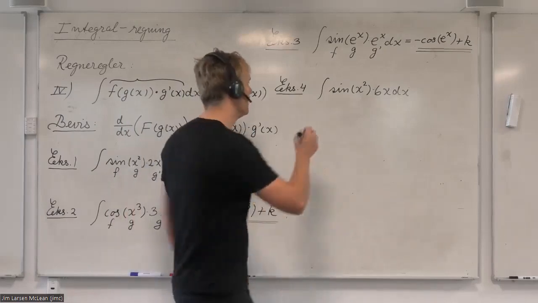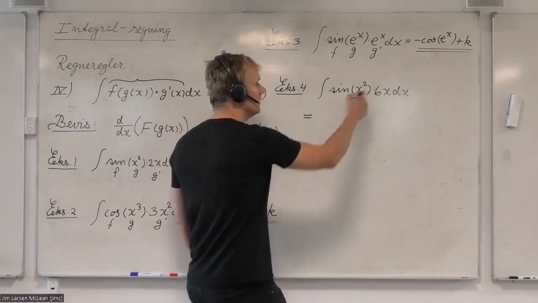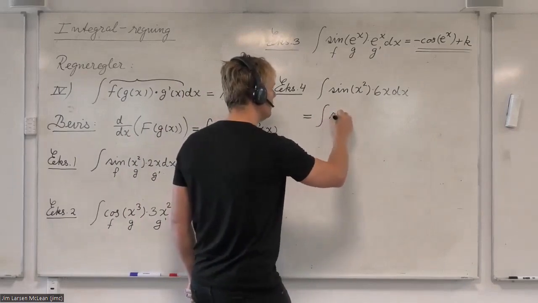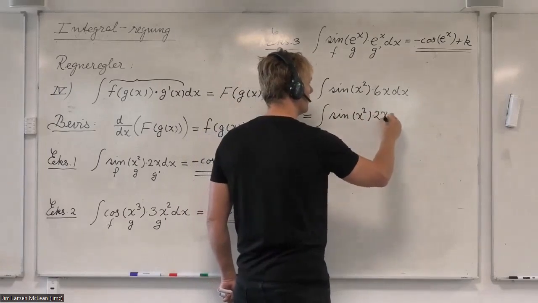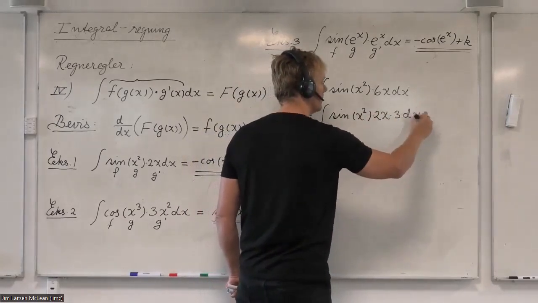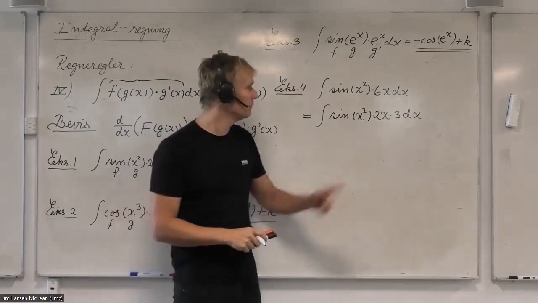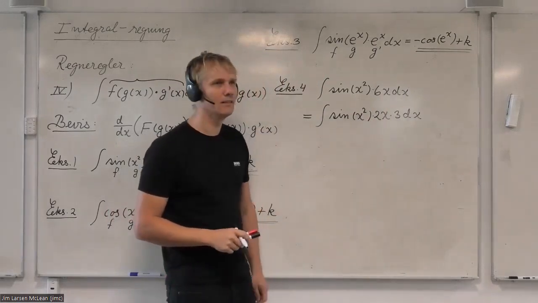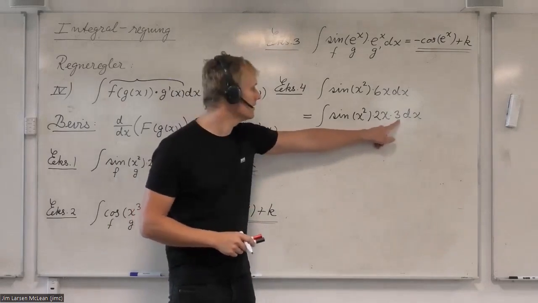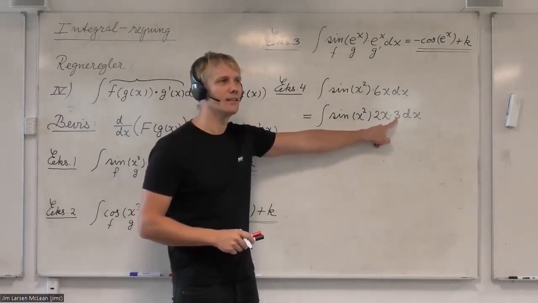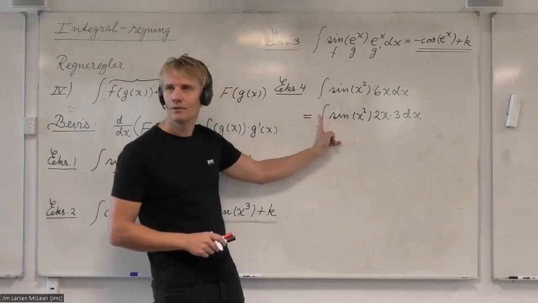Look here. I can actually do a clever rewrite of this. It actually says the integral of sine of x squared times 2x times 3, because 2x times 3 gives 6x. Are there any relatives? Yes. x squared differentiated gives 2x. And then there's that annoying 3. But that 3 isn't so annoying. It can just be taken outside the integral.